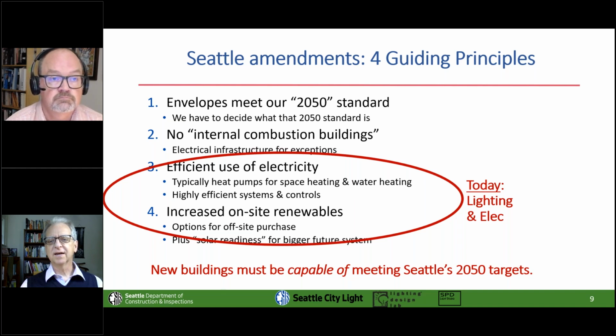So making sure that clean electricity that we do have, when we start adding in all the vehicles and all the existing buildings that are currently gas heated, we've got to make extremely efficient use of that electricity we have from the dams and from our other renewable sources, so we can keep City Light at its high level greenness, and anything that we're building right now has to, without any major surgery, be capable of hitting our zero emissions targets in a couple decades.